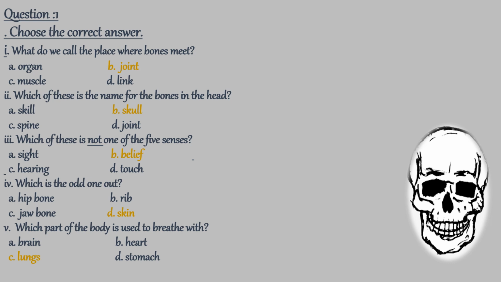Hip bone, jawbone, rib, all are bones. But skin is a sense organ. Number 5, which part of the body is used to breathe with? Now, of all these internal organs, lungs is the one which is responsible for breathing.